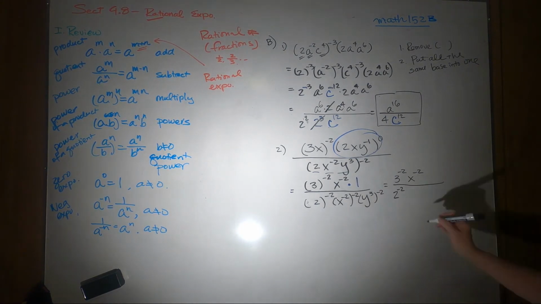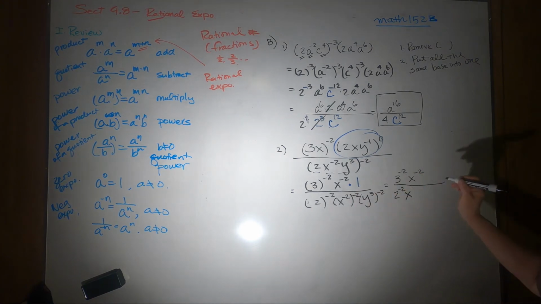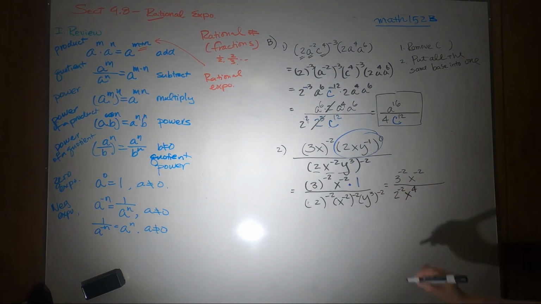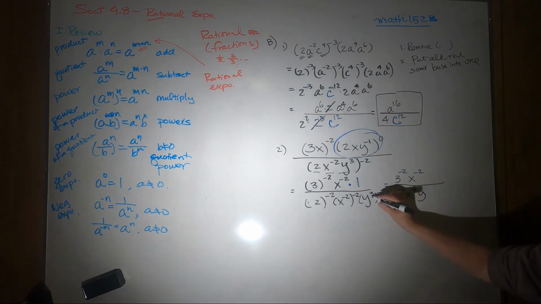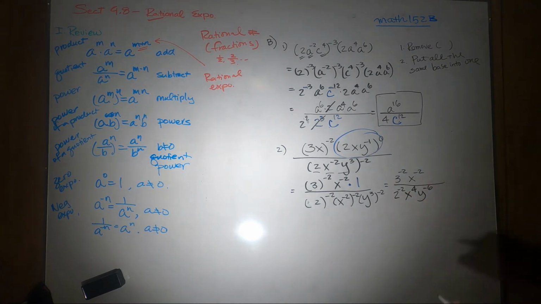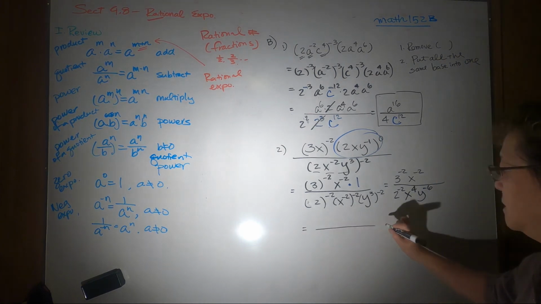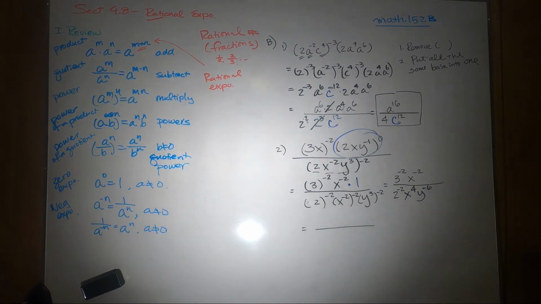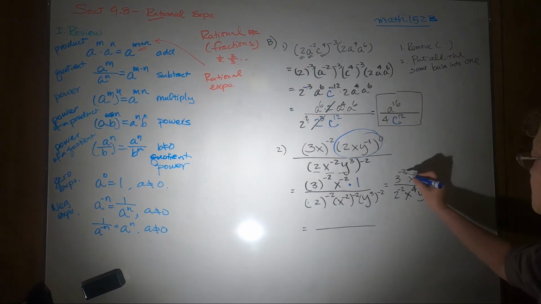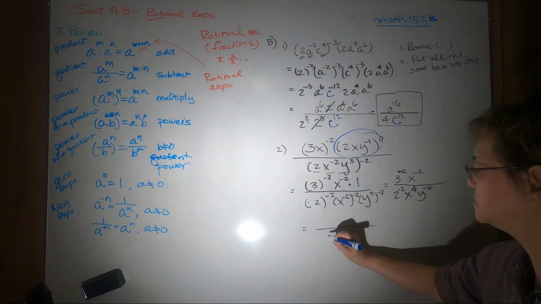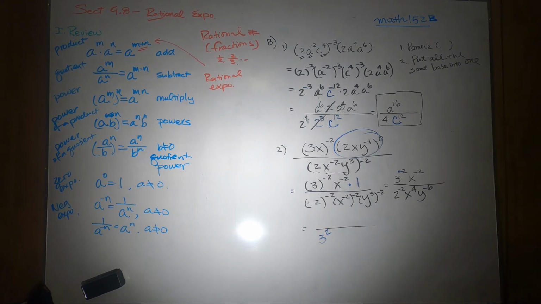For this, x will be what? Negative 2 times negative 2 is 4. Y is 3 times negative 2, which is negative 6, right? Then we need to flip those with negative exponents, right? So that's negative 2, so that becomes 3 squared.